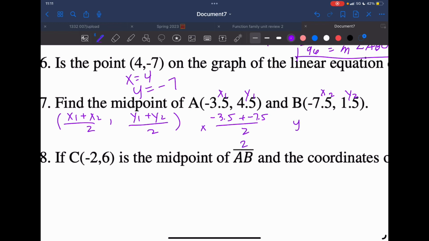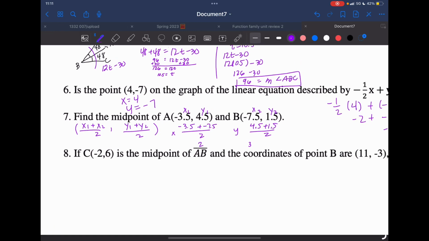And then I have my y is going to be 4.5 plus 1.5 divided by 2. Is going to give me 3. So then all together, my ordered pair is going to be negative 5, 3. This is the midpoint.